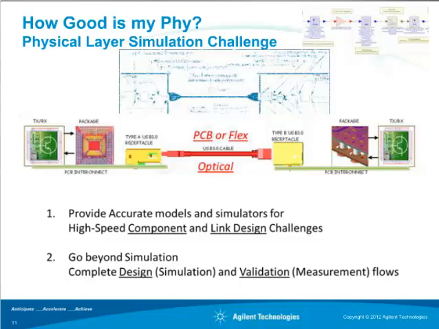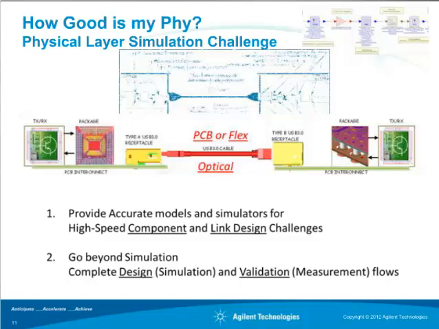If you look specifically at the physical layer itself as a simulation channel, there are some general attributes that come to mind. First of all, you need accurate models, and you'll need good simulators for these links. Whether it's the component or a link as a whole, you need accuracy for that.